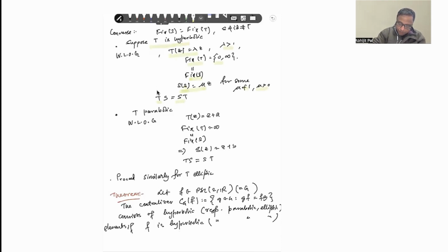And now let us assume t to be parabolic. Again, without loss of generality, we can assume tz to be of this form, tz is equal to z plus a for some a which is not 0. So a is a real number which is not 0. The fixed point of t is the singleton set infinity. The fixed point of t is equal to the fixed point of s that we have assumed. Therefore, the fixed point of s will be equal to the singleton set infinity. Again, s is a non-identity isometry, so sz will be of this form, sz equals z plus b.